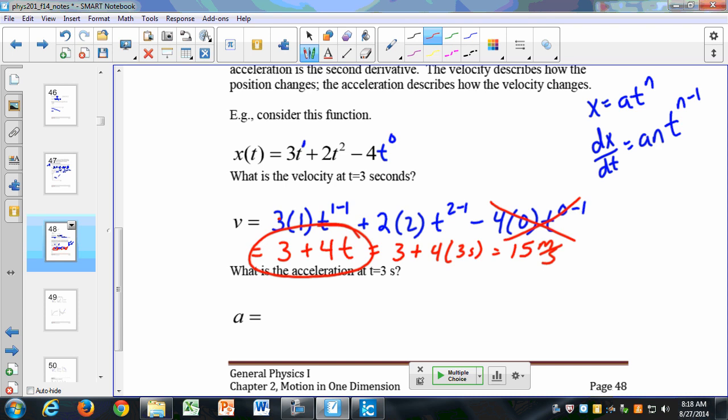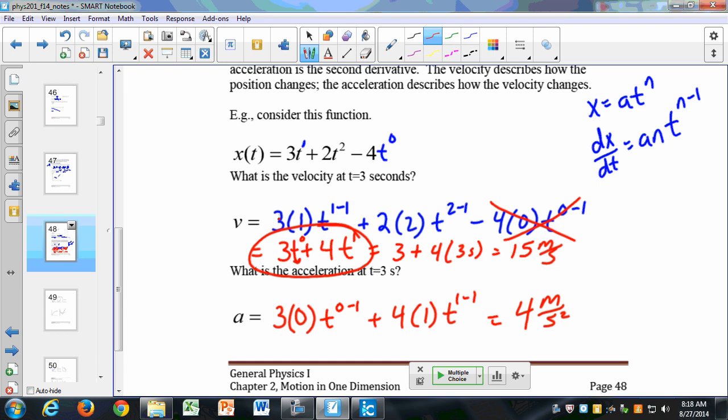So the derivative of this, if I write it as 3t to the 0, 4t to the 1, it's going to be 3 times 0 times t to the 0 minus 1 plus 4 times 1 times t to the 1 minus 1. But as you've all said, it's just equal to 4. So my acceleration at t equals 3 seconds, in fact, my acceleration at all times is 4 meters per second squared for the life of this function.